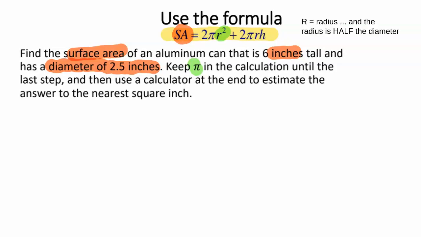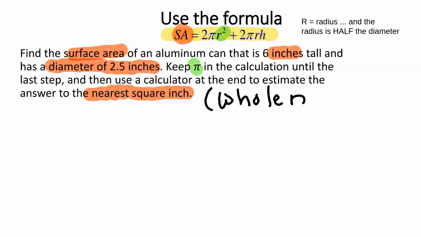So you got to be careful here. Okay. Keep pi in the calculation until the last step. Then use a calculator at the end to estimate the answer to the, here we go, nearest square inch. This means whole number.